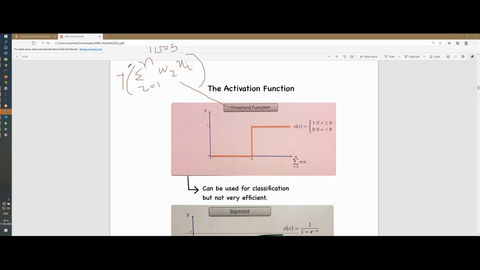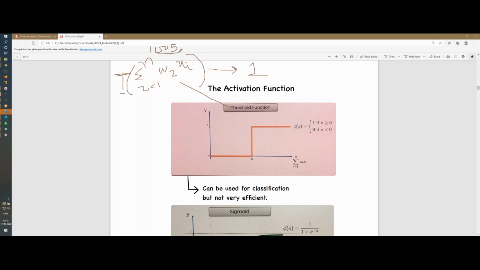I'm passing this through threshold function. Now, can anybody tell what will be the output? Let's say 1005. So what will be the output if I pass through threshold? 1, right?